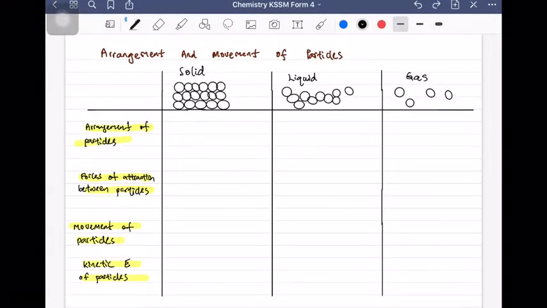Alright, now let us look at the arrangement and movement of particle in solid, liquid, and gas. The first one, the arrangement of particle. As you can see, the particle in solid are packed closely together and in an orderly arrangement.